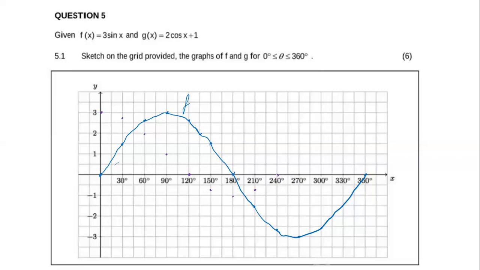When you substitute 270, it's positive 1. And then 300, it's supposed to be 2. When you substitute 300, we get 2.